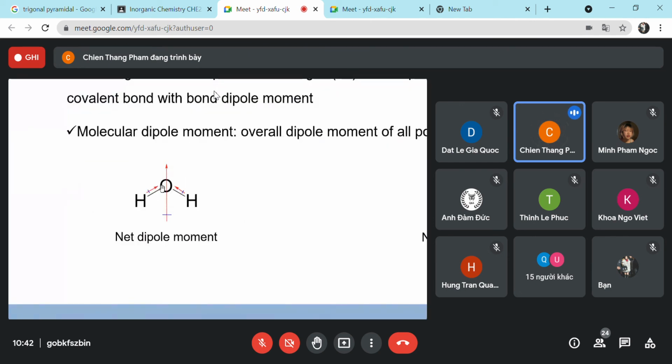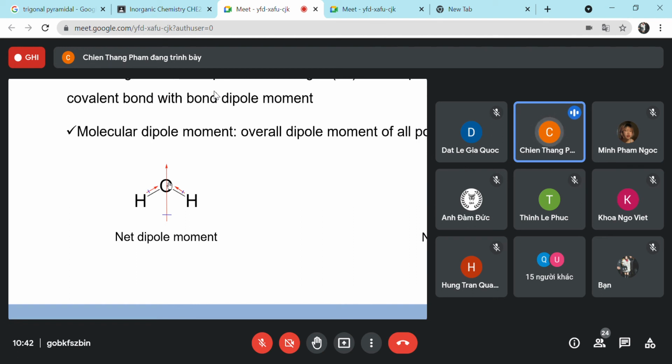When you consider each OH bond, because hydrogen is less electronegative than oxygen, the OH bond is a polar covalent bond, and this bond has a dipole moment. The vector of the dipole moment is from hydrogen to oxygen, and the same for the other OH bond.